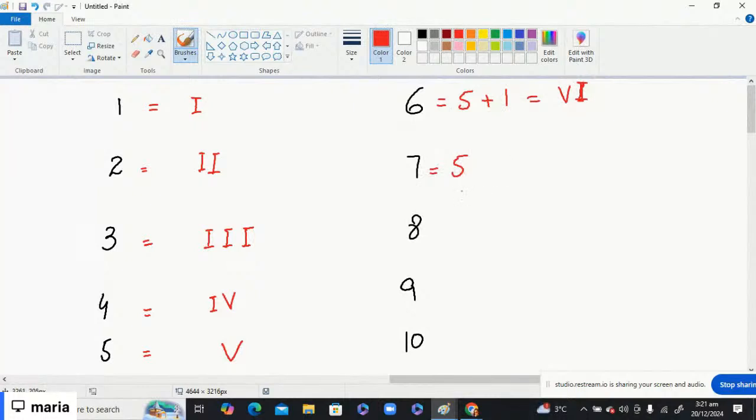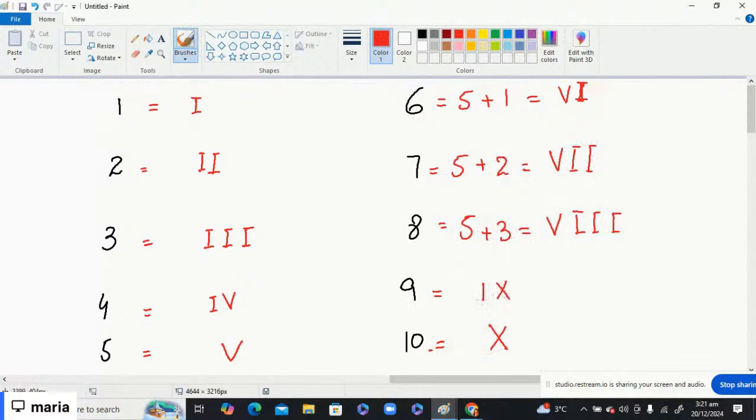What is 5? That is V. What is 2? 2 I's. Now the 8: 5 plus 3. What is 5? This is V. And what is 3? 3 lines. What are 9 and 10? This is also different. 10 is your X and 9 is I and X.